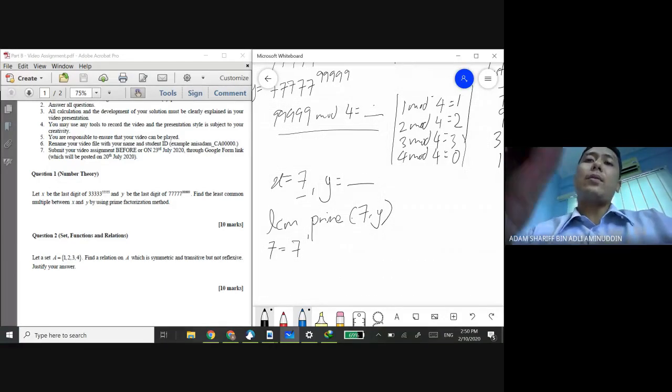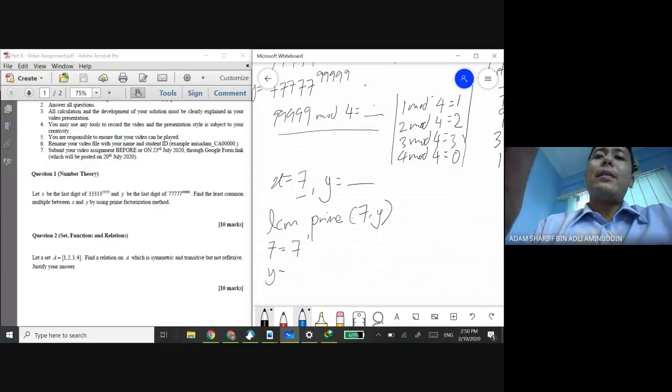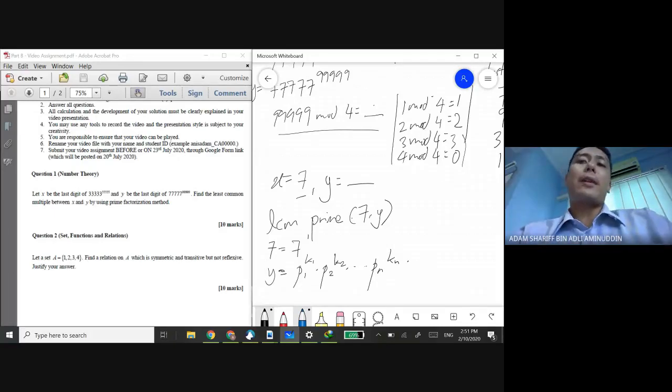Later, you need to find the product p1 to the power of k1 times p2 to the power of k2 until pn to the power of kn. You need to factorize into primes, where p is prime.